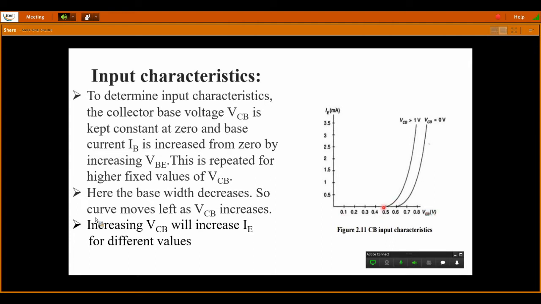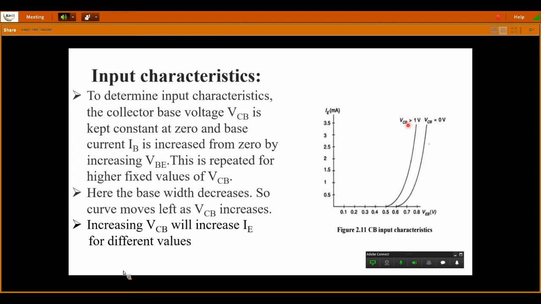As we already know, when you go on increasing the input voltage, the junction voltage becomes saturated at 0.6 or 0.7 volts. If it is a germanium diode, it will be 0.3 or 0.2. When the carriers are moving from one region to the other, the base width will decrease since you are applying a VCB which is greater than 0 volts.